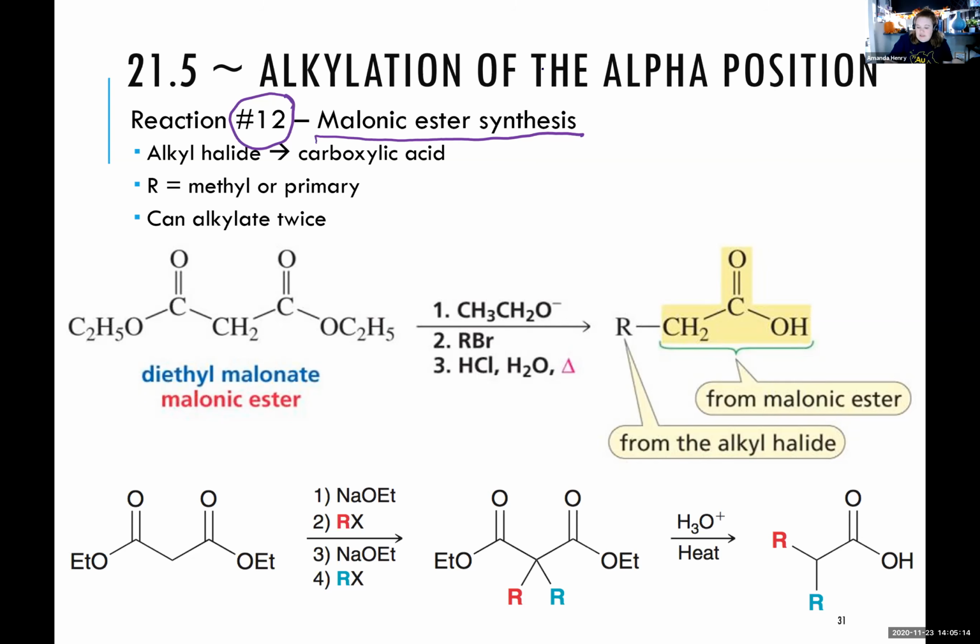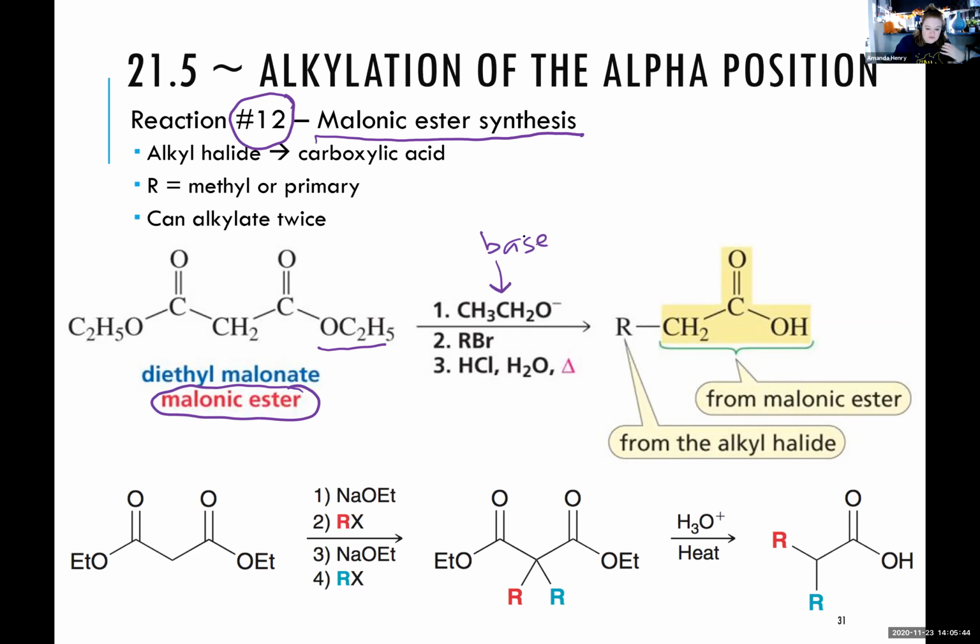So the first one we're looking at is called the malonic ester synthesis, and it's called that because we're starting with malonic ester. Now, malonic ester, of course, is not its actual name, it's its common name, but it sticks. We're going to react that with base, and notice that the base we're using is the same as the OR group on that ester, so we're using ethoxide.